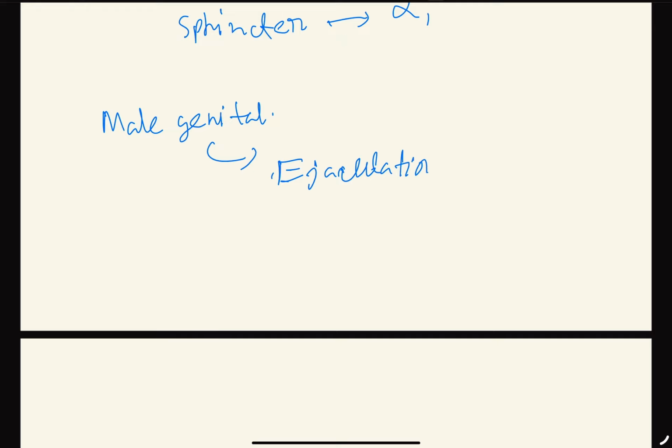Okay, so there is that alpha 1 receptor in the seminal vesicles that helps in constriction of the seminal vesicle and ejaculation of the semen.